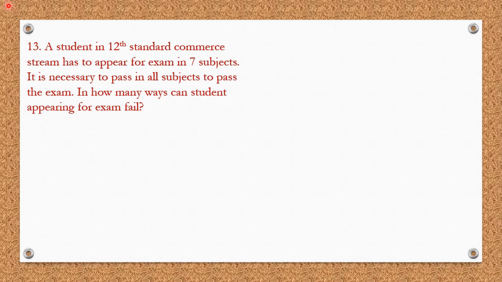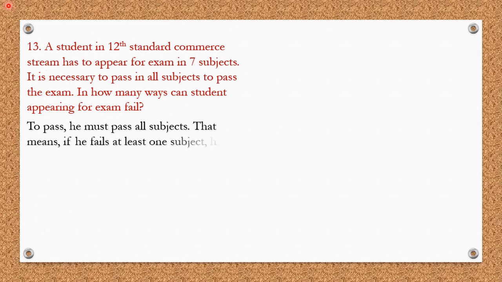So we can say that out of 7 subjects, if he fails in 1 or 2 or 3, 4, 5, 6, 7, your combination will be 7C1, 7C2, 7C3, 7C4, 5, 6 and 7.